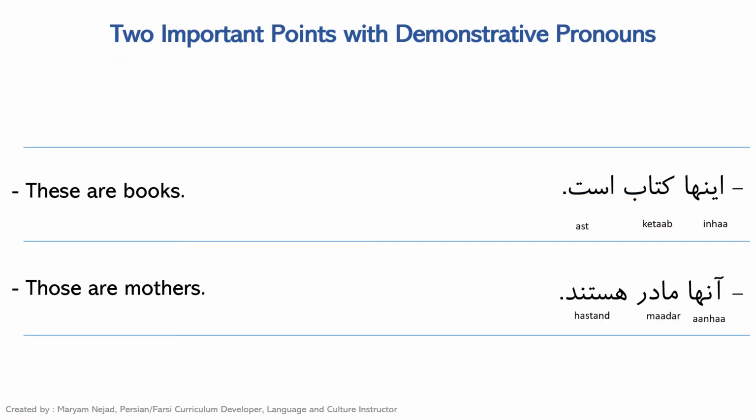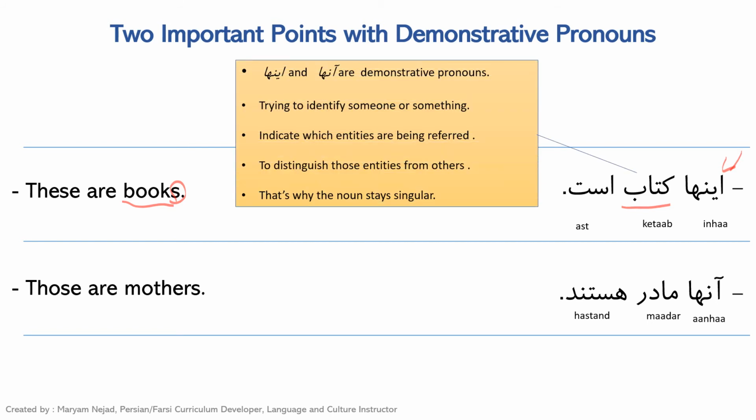There are two important points that you need to know when it comes to demonstrative pronouns. The first one is that here in English you see these are books and the noun is plural. But as you can see here, in the Farsi inha ketab the noun is singular. And the reason is the demonstrative pronoun.